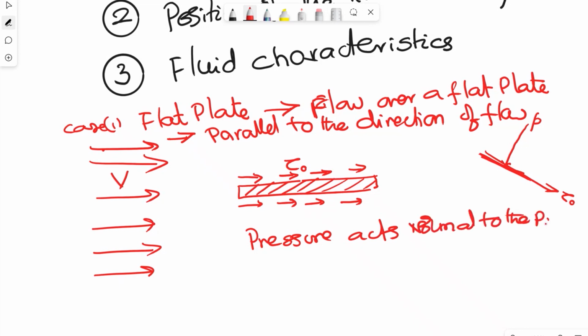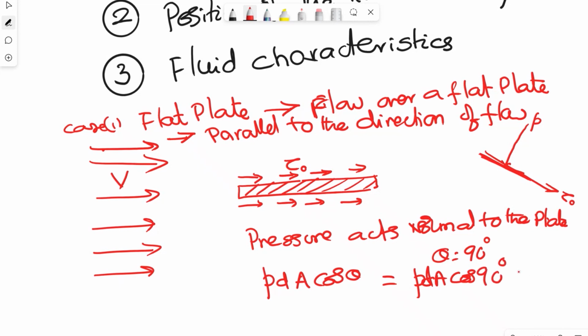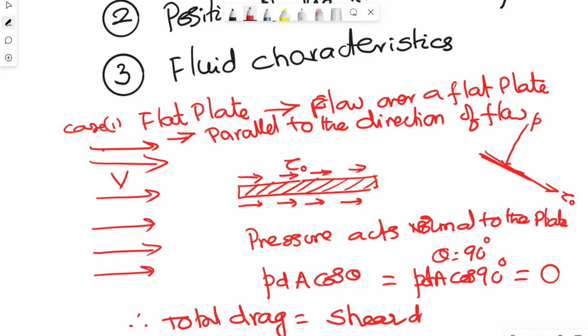Am I right? See the direction. Why? Because theta is equal to 90. Then what does P dA cos theta become? P dA cos 90, so you see 0. In such a case, the total drag is equal to only shear drag. So here the pressure drag is equal to 0.